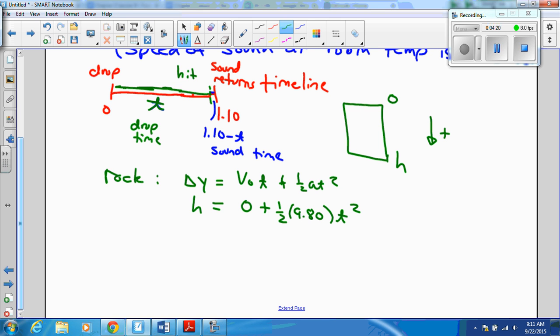And the rock is going to fall a distance of h under the influence of gravity. And the sound, meanwhile, is going to travel that same distance back up at a constant, non-accelerating rate of 343 meters per second.